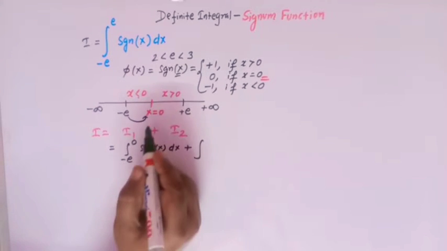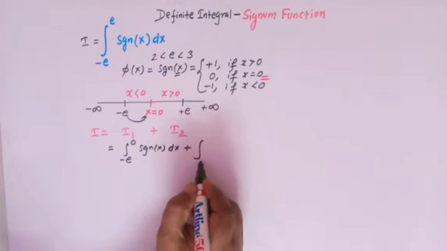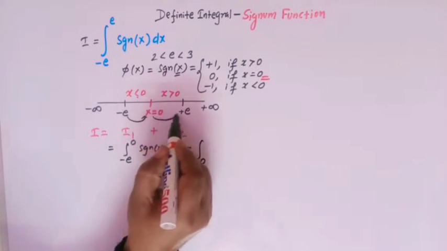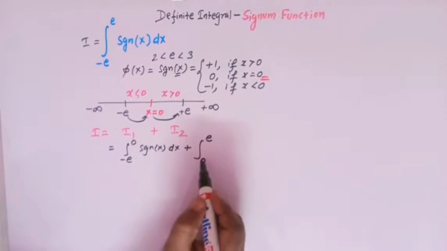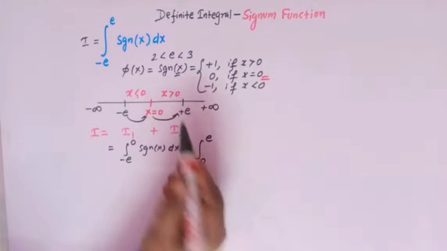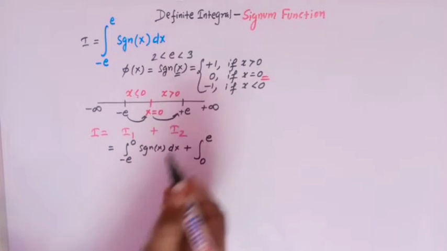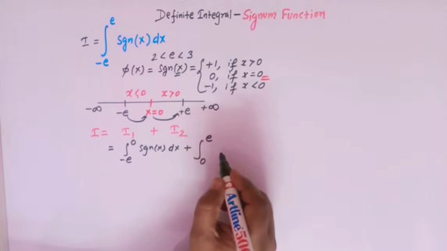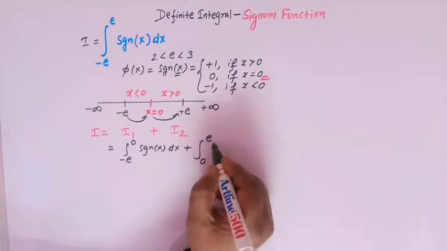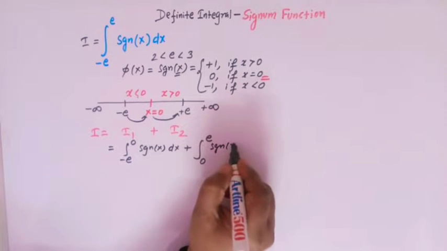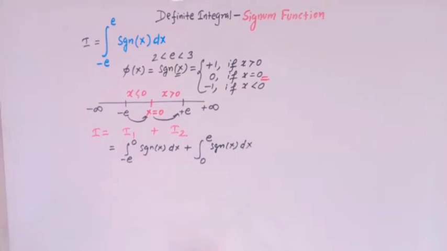And I2 is from 0 to e, because all the numbers which lie between 0 and e are greater than 0. So here we have the integral from 0 to e of signum of x dx.